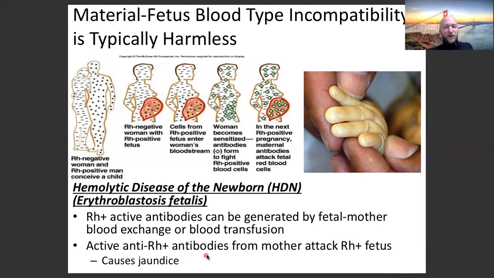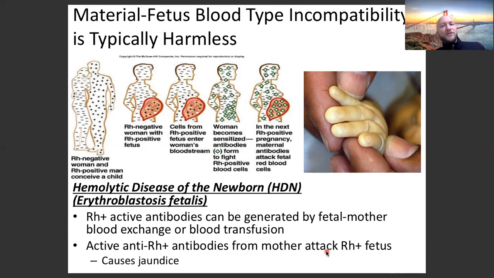Active anti-Rh positive antibodies from the mother can attack the Rh plus fetus and cause jaundice. If you watch the blood video lectures, we talk about jaundice in there. Basically, when you recycle your red blood cells, you can have a buildup of a waste product, which causes jaundice. And babies have little baby livers, and they struggle to do this cleanup as is.